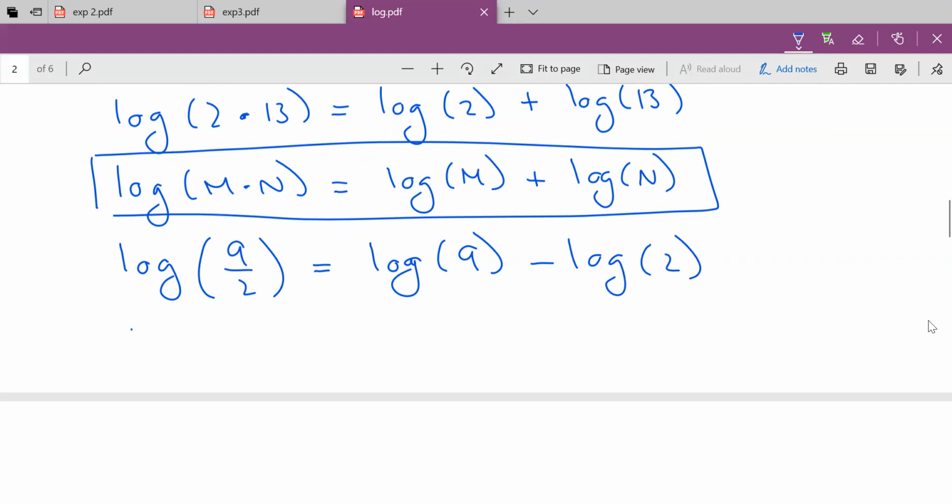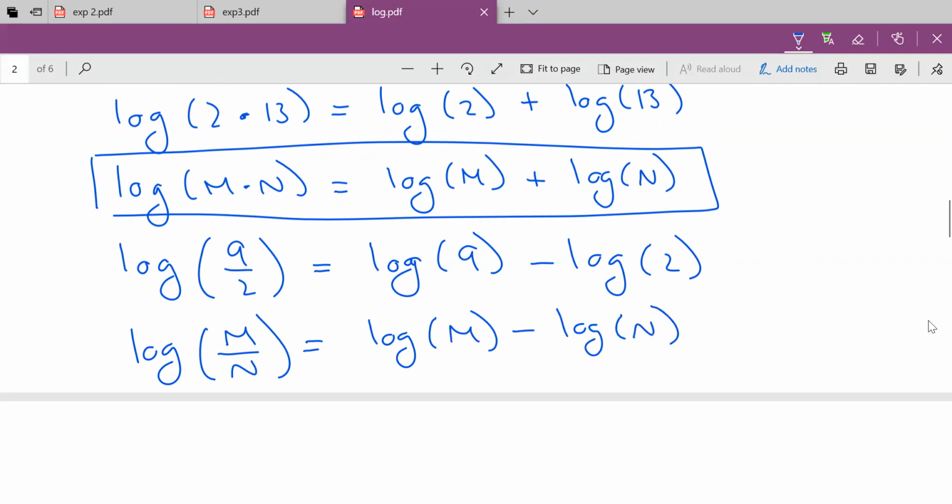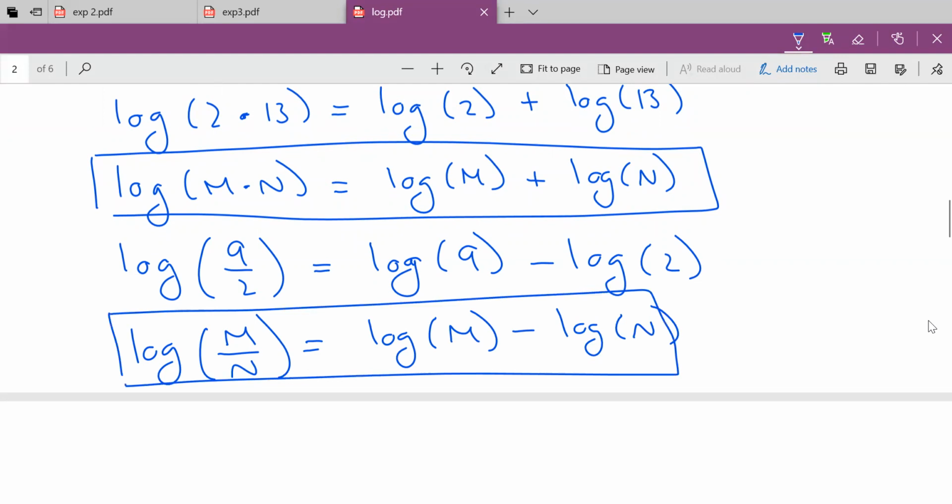So there's law of logarithms number 2 on my formula sheet. Log of m divided by n is log m minus log n. Law number 2 on my formula sheet.